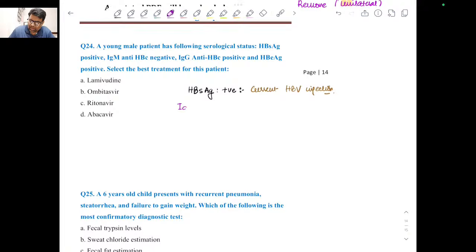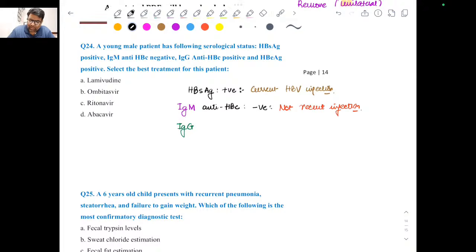Now IgM anti hepatitis B core, this is negative. It means it is not a recent infection. IgM is for recent. The next is IgG anti hepatitis B core, this is positive.